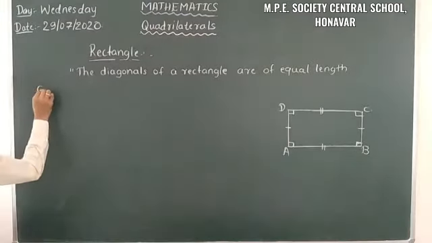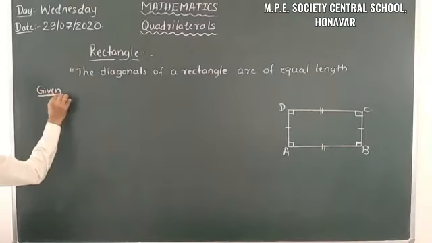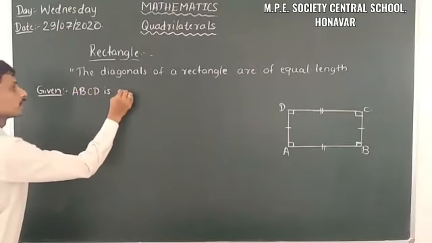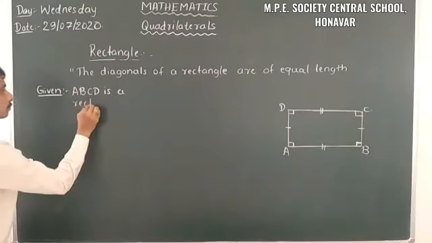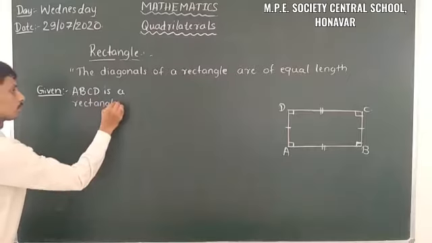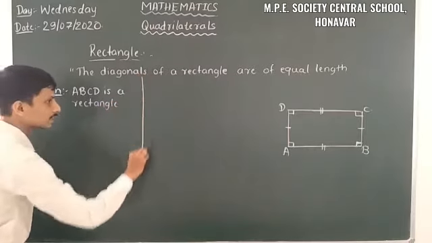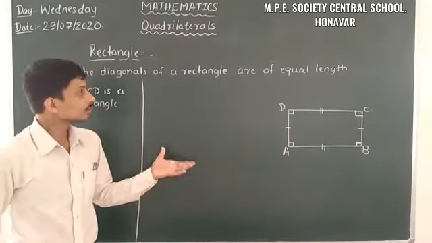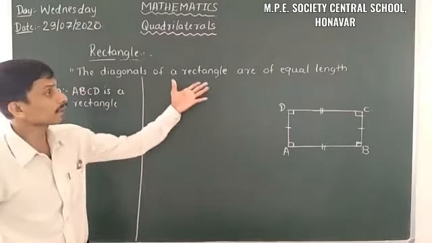What is given here? ABCD is a rectangle. Then we have to prove the diagonals of the rectangle are of equal length.